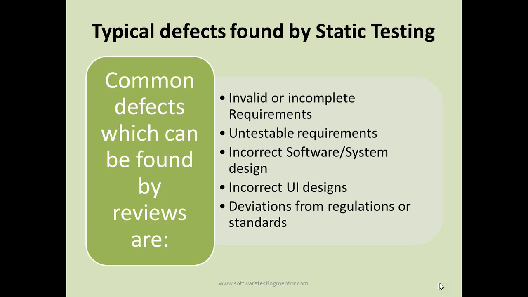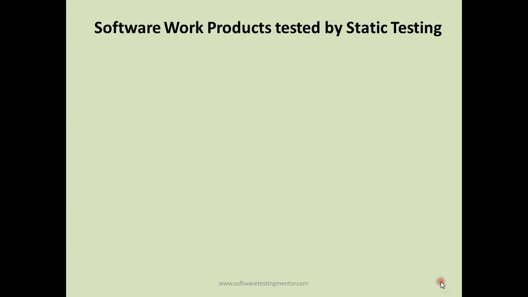Or if it is an application for a government organization, it has to follow some regulation or standard. So these kinds of deviations can also be found by reviews or by static testing. Now, software work products tested by static testing. What kind of software work products can you test by static testing?